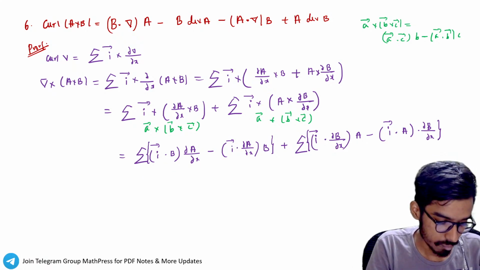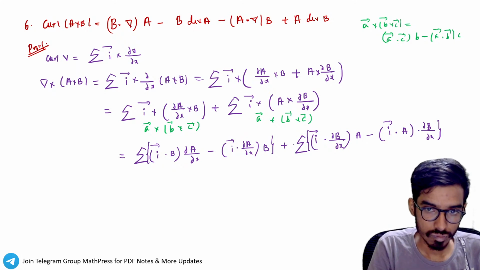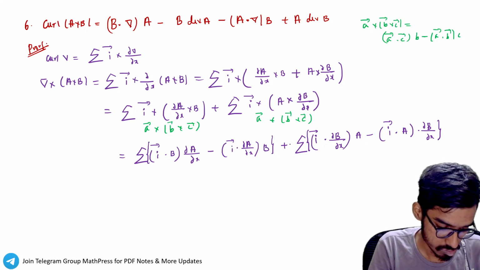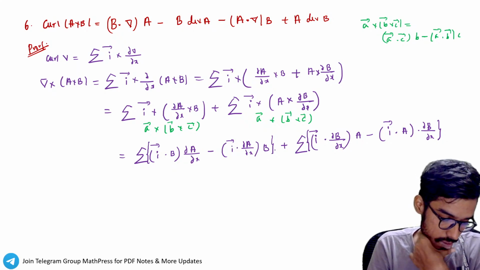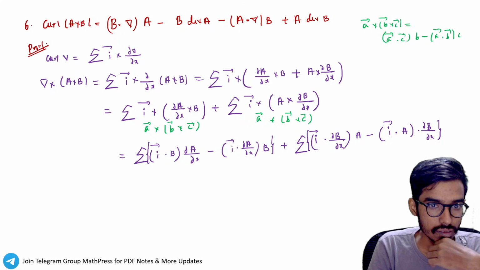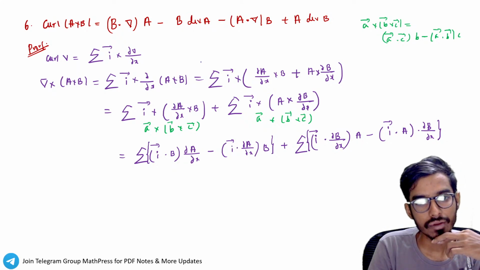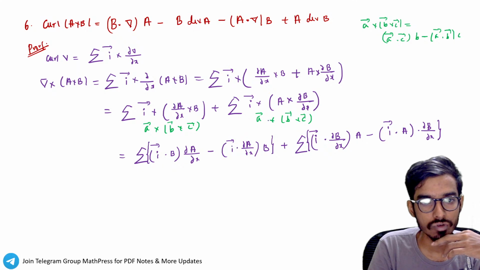So we have i dot B. I think we have arrived, right? So these are the 4 things we need to prove.